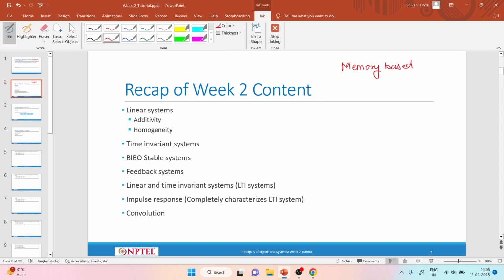A system was known as memoryless if the output of that system depended only on the current instant input, that is x of t. Else it is a memory based system.